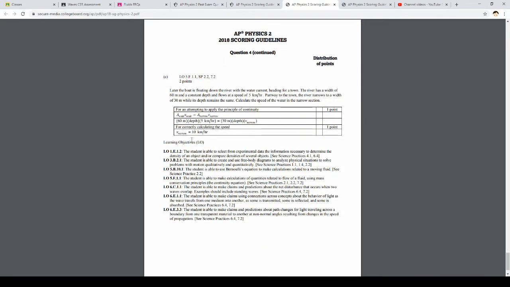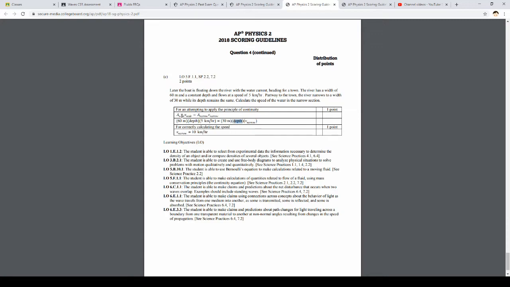Part C is actually a fluid dynamics question using the continuity equation. So we have the width times the velocity equals the width times the velocity. Now, technically, this should be an area, but we don't know the area. But we do know that the area would be the width of the river times the depth of the river. And since the depth is constant, it will cancel out of the equation.